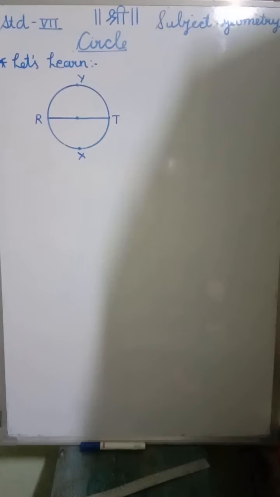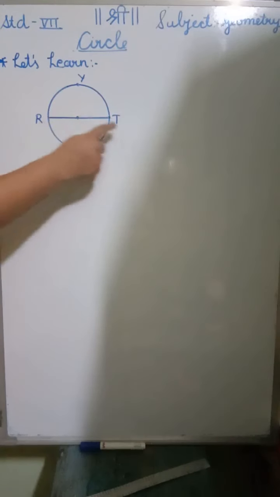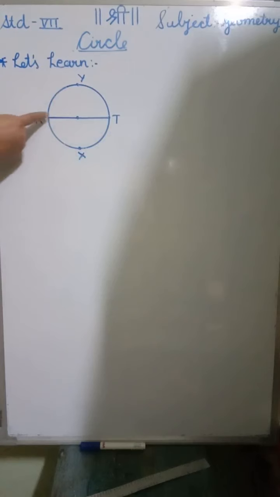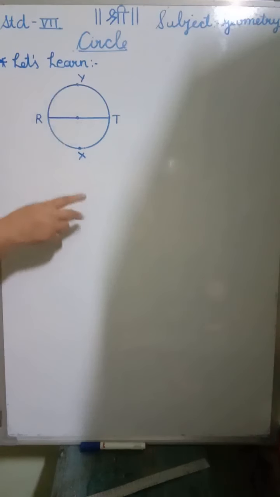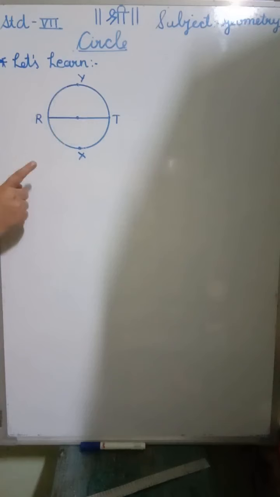Now just observe this diagram carefully. You are able to see a chord here. What is the name of the chord? RT. But this chord is passing through the center, so it is known as the diameter. This diameter divides the circle into two parts and those two parts are equal.